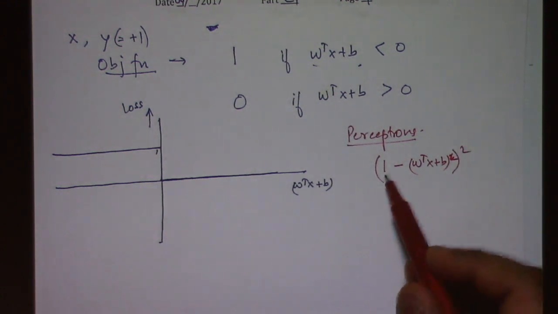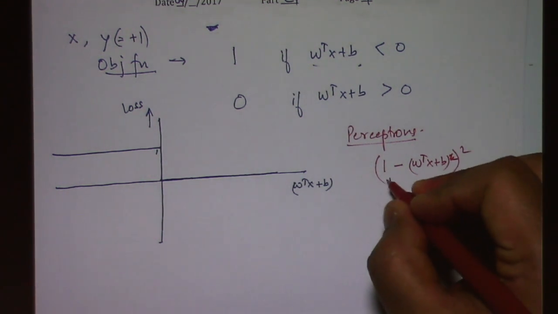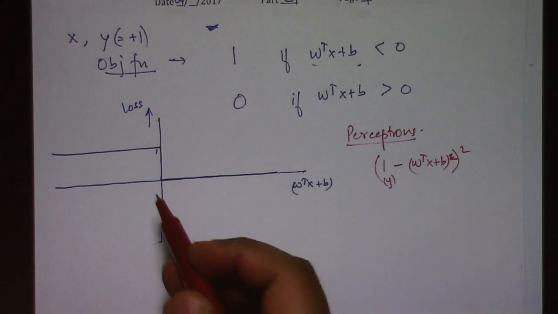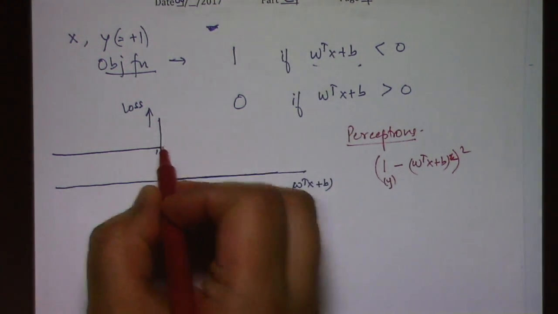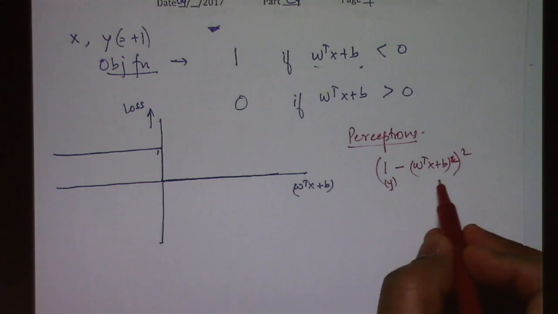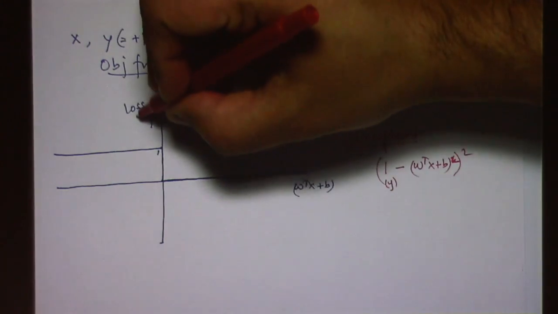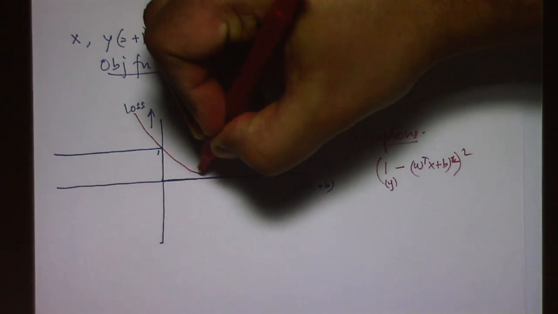I'm assuming that Y is 1 here. This is the loss function for the perceptron, which means if I draw it, it will look like this. When this quantity is 0, the loss will be 1, and then it is like a parabola, so it will look like this.